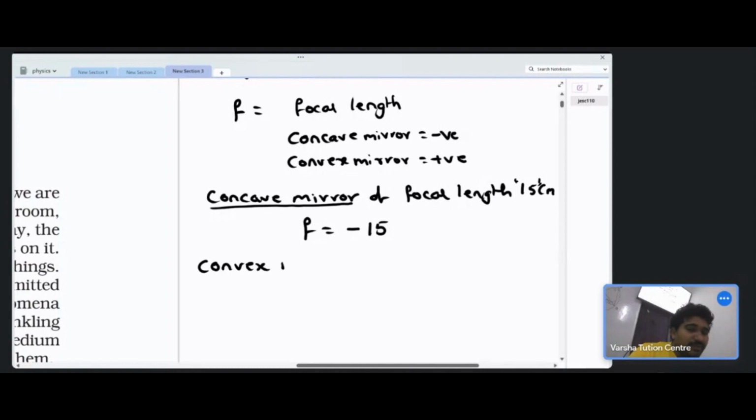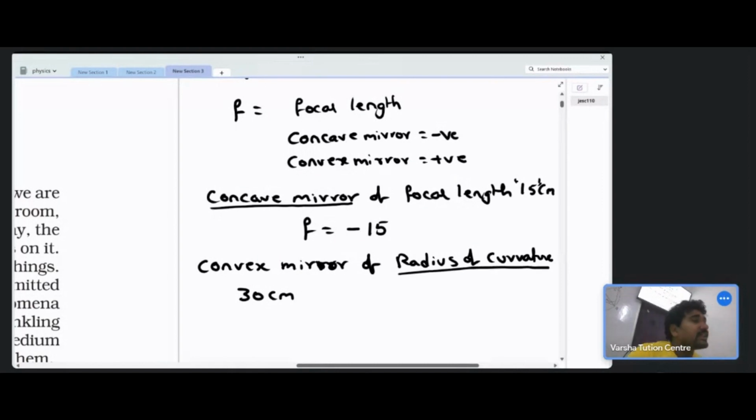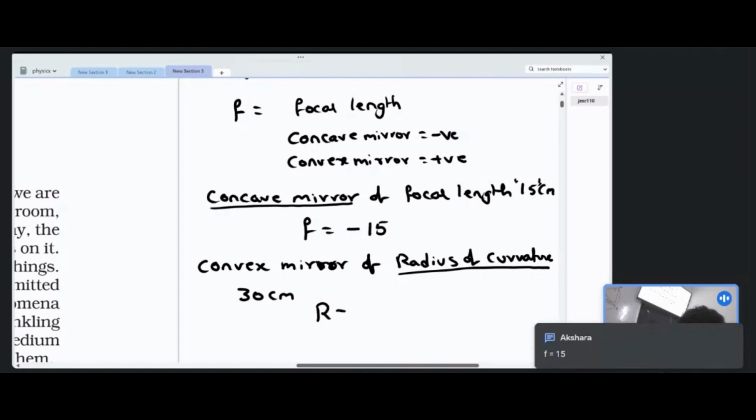Suppose he gave it like this: convex mirror of radius of curvature 30 centimeter. Sir, what has he given? See, radius of curvature. That means R he gave.